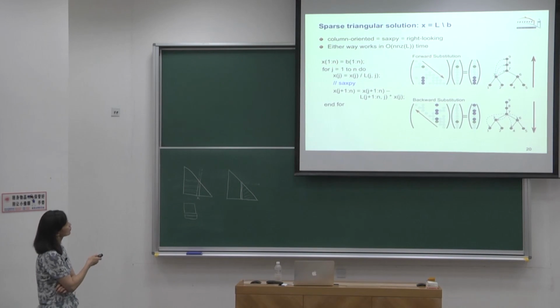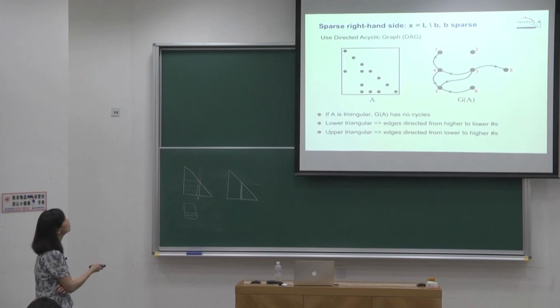So for example, for this picture, at the current column 3, after I computed x3 here, I need to take x3, scalar multiply the whole column, and add it into the rest of the right-hand side, updating the right-hand side. So I actually need to use my current solution to update all the ancestors along the tree. So it's a different data flow.